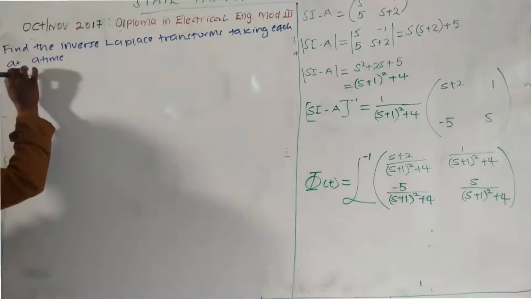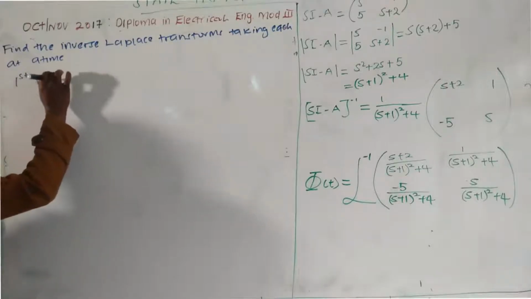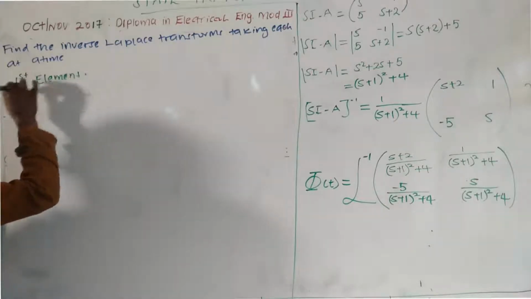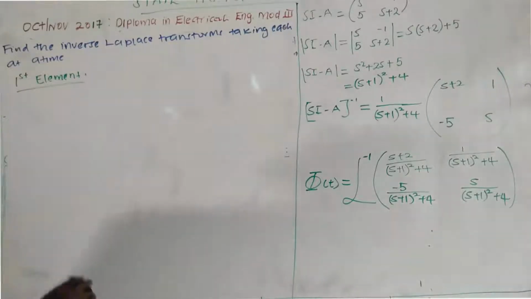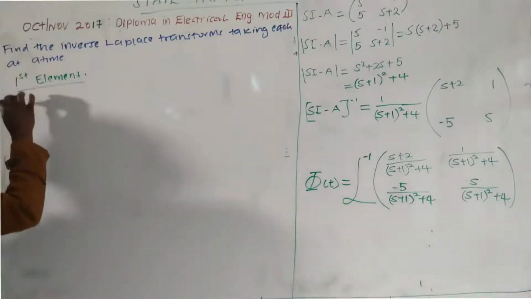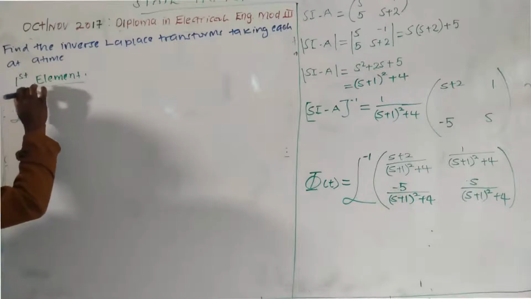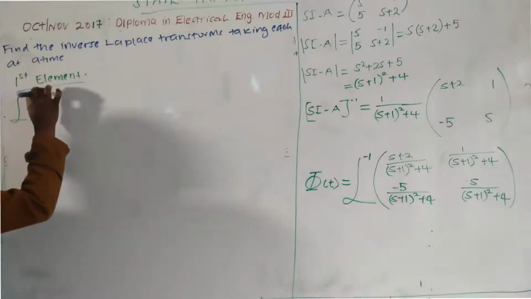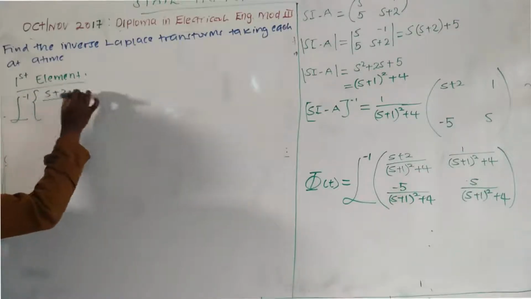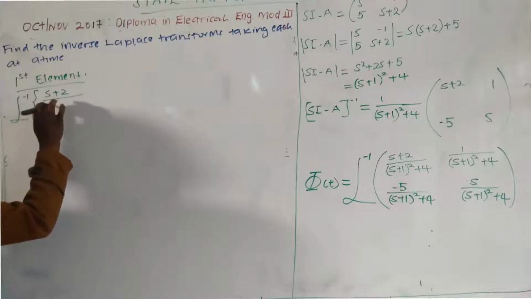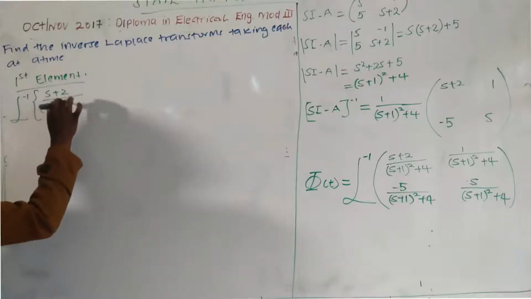Here is the first element. We want to get the inverse Laplace transform of (s plus 2) over ((s plus 1) squared plus 4).